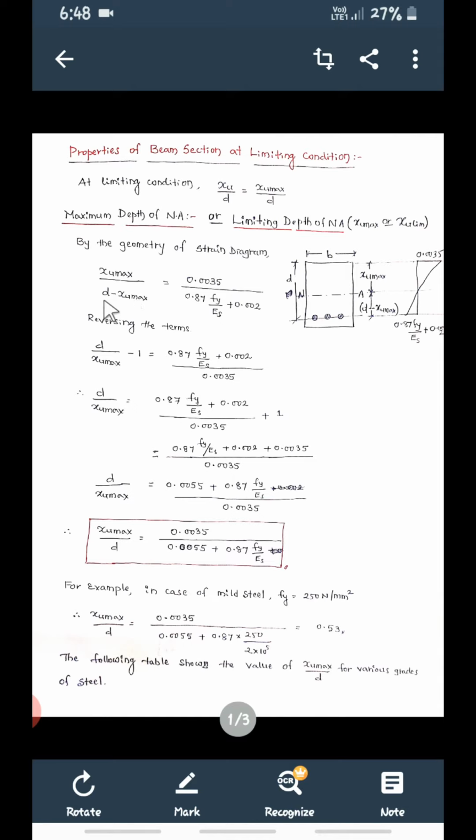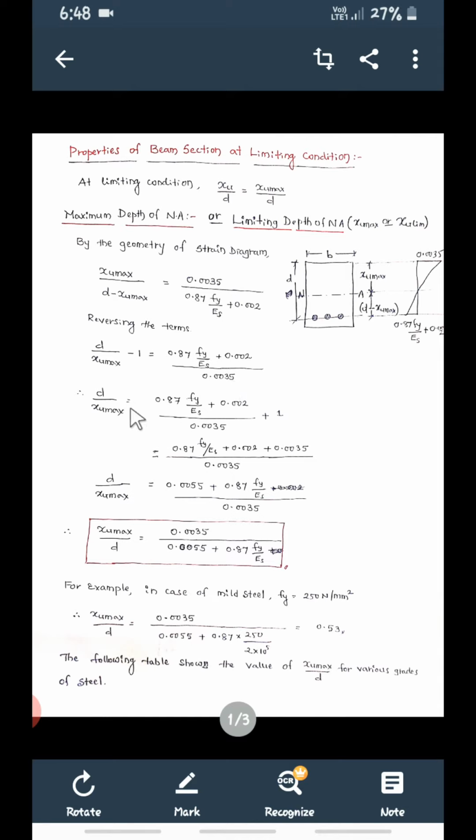That is equal to 0.87 Fy upon Es plus 0.002, divided by 0.0035.